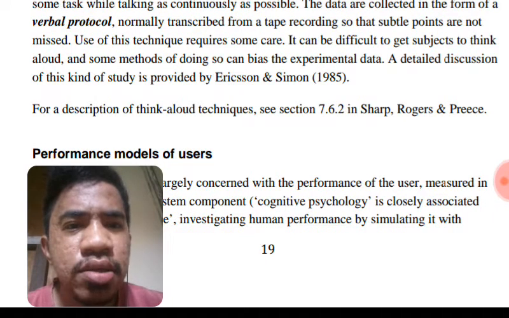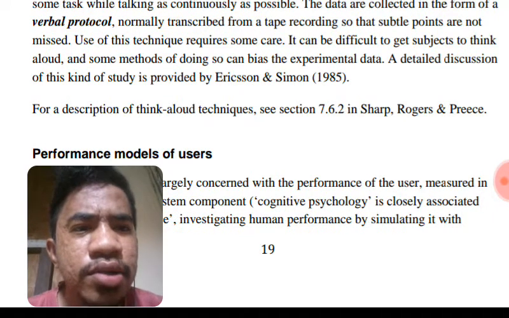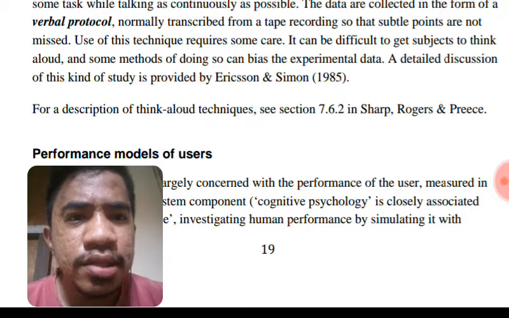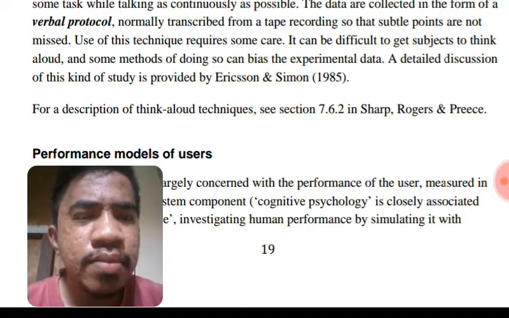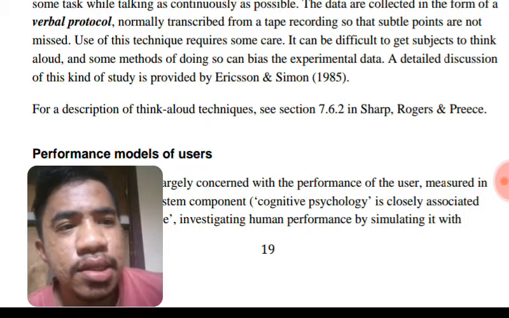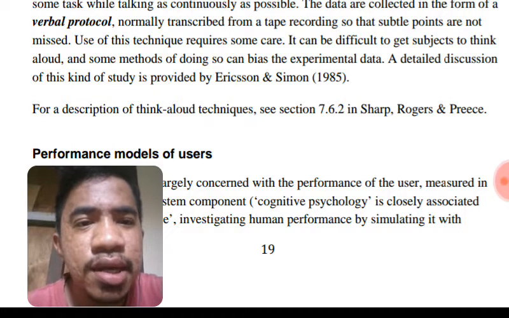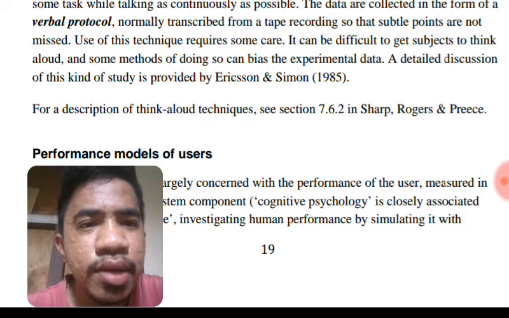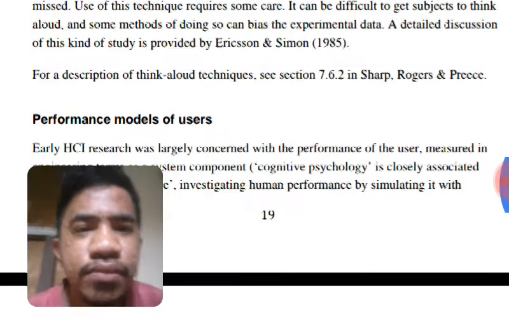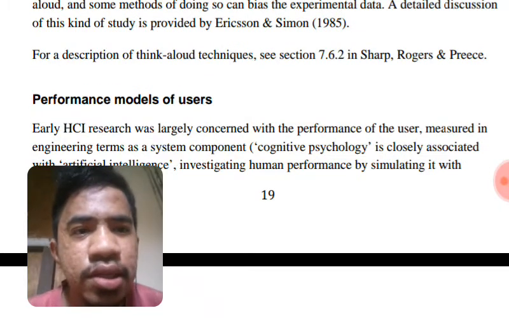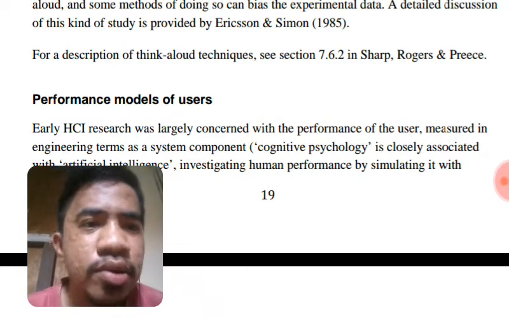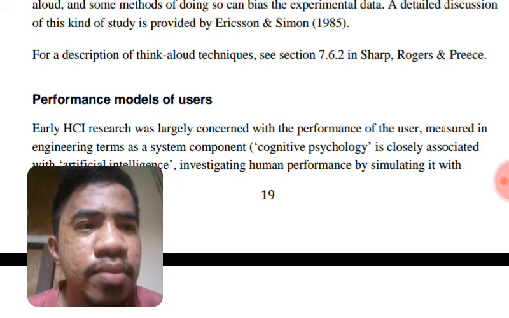Use of this technique requires some care. It can be difficult to get subjects to think aloud, and some methods of doing so can bias the experimental data. A detailed discussion of this kind of study is provided by Ericsson and Simon, 1985. For a description of the think-aloud technique, see section 7.6.2 in Sharp, Rogers and Preece.